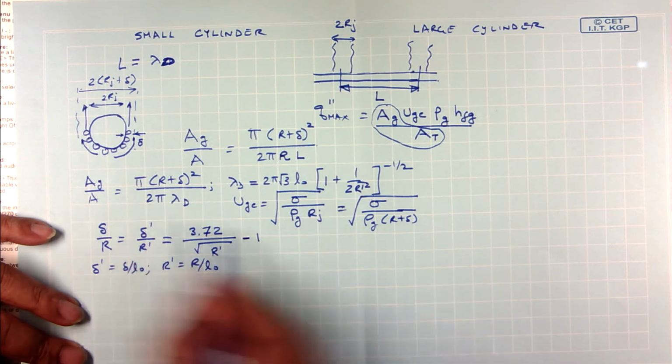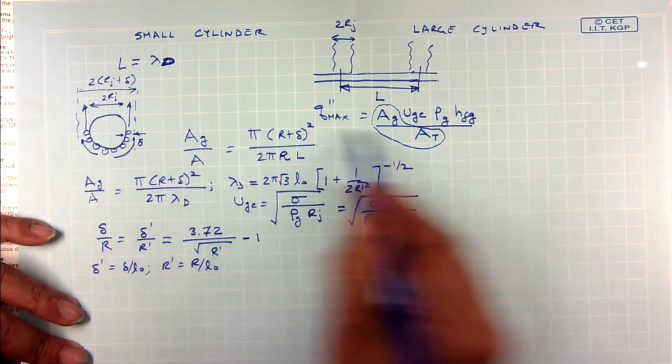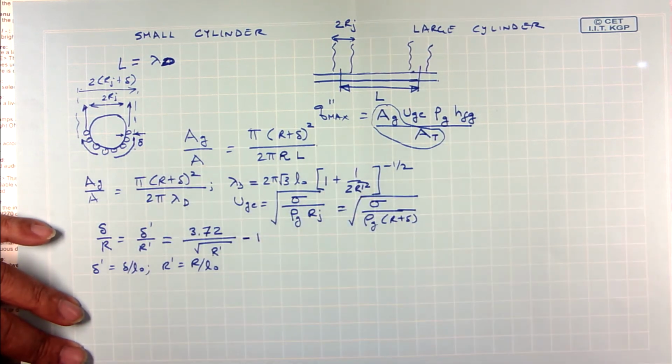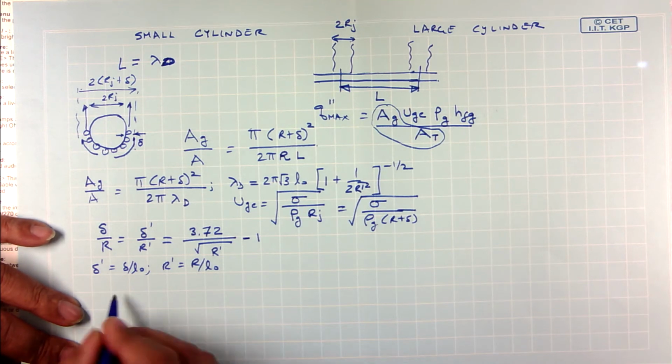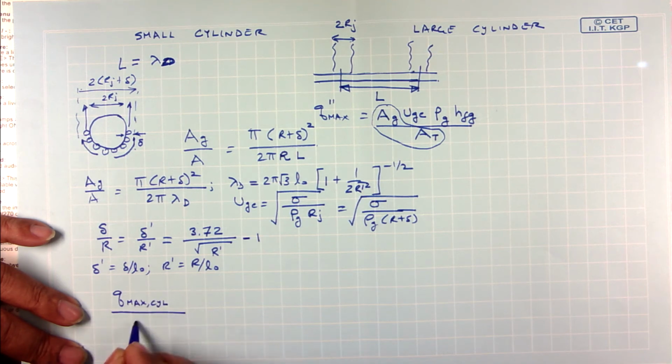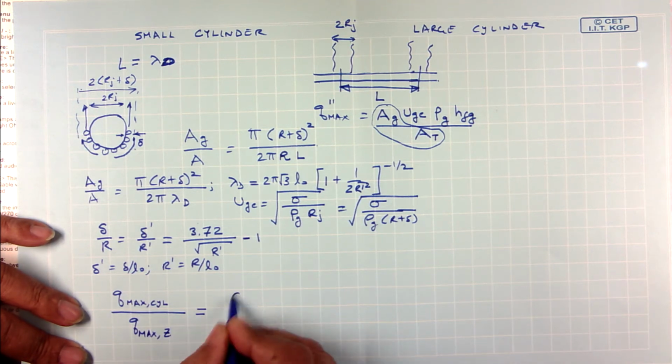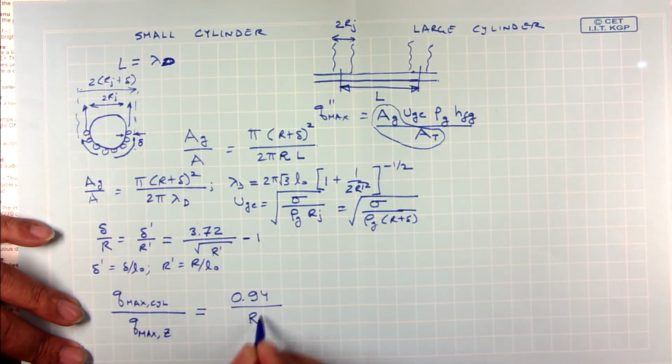So, if I substitute all these equations in this master equation over here, I end up with an equation that looks like q max for a small cylinder divided by q max Zuber for a flat plate, and that comes to equal 0.94 divided by r prime to the power of 1/4.